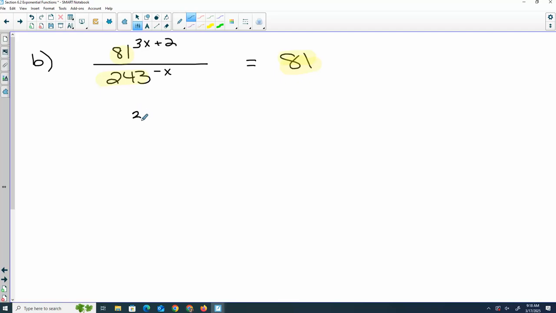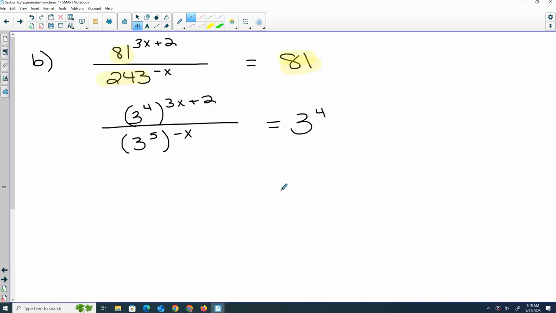So 81 is 3 to the 4th. 243 is 3 to the 5th. And 81 is 3 to the 4th. Right? Power to a power, you multiply those exponents.